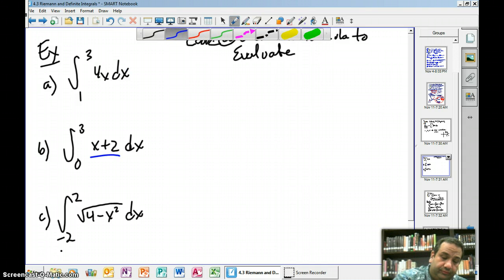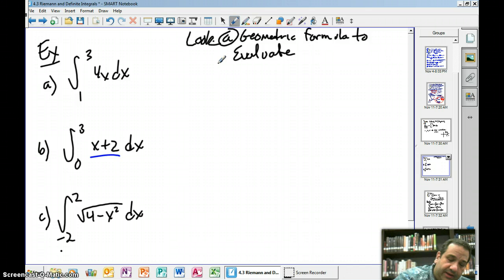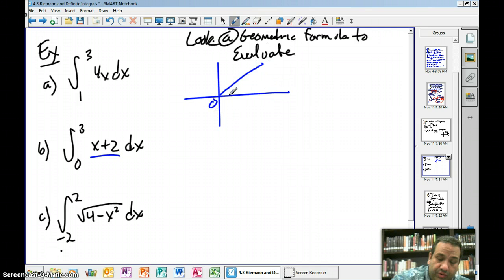Well, what I can do is take a graph. 4x is this, 0, and it goes on, but we want it from 1 to 3. And this is f of x equals 4x. So that's 1 and that's 3.